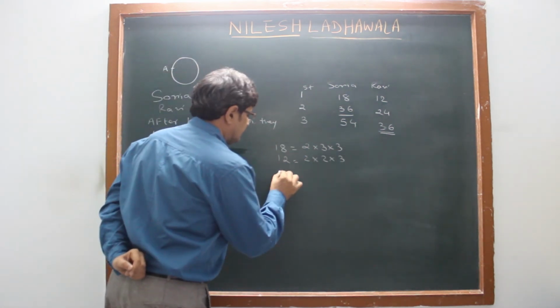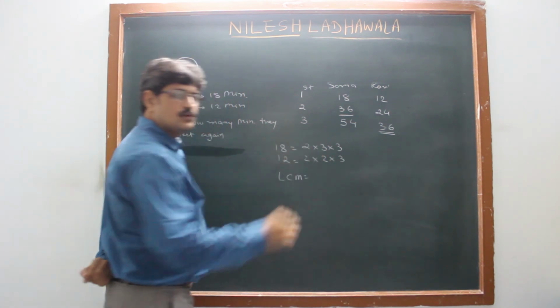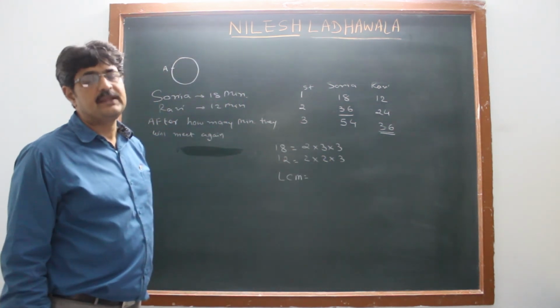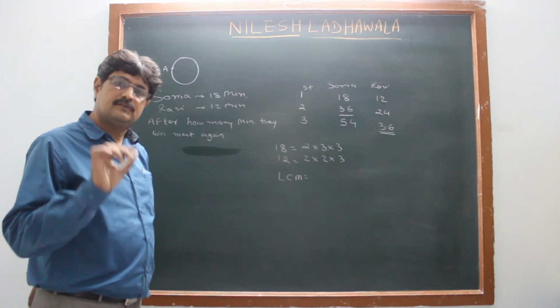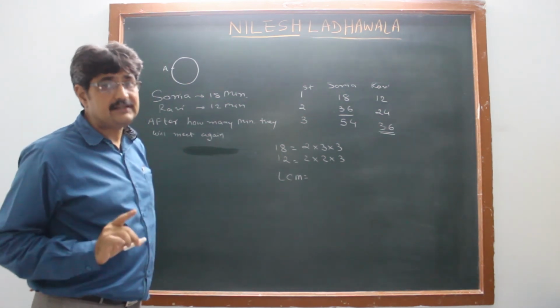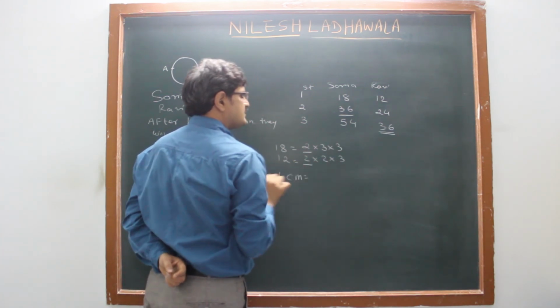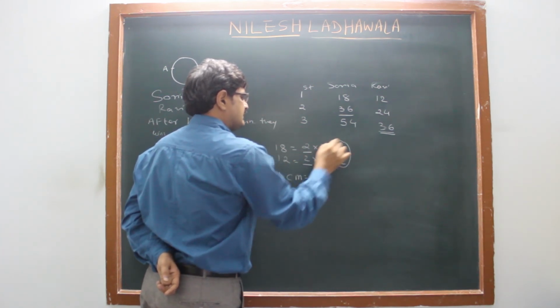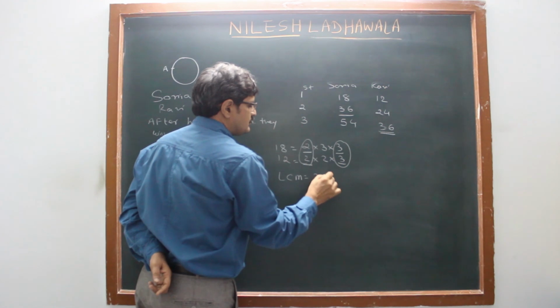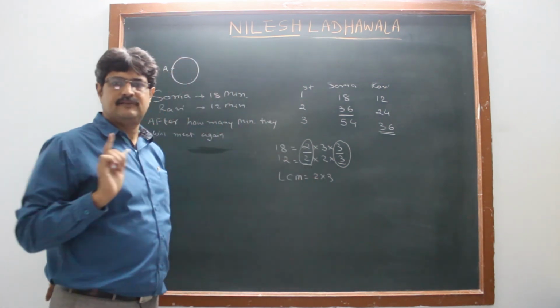Now we have to find the LCM. What I have told you earlier, to find LCM, we have to write the common factors once. So which are the common factors? 2, 3. This is the HCF. I have to write the HCF once.